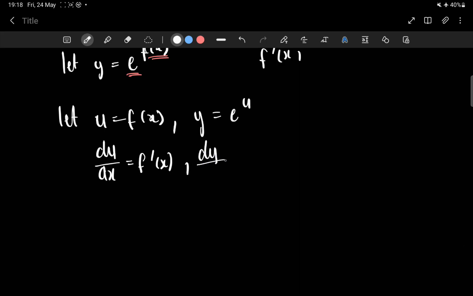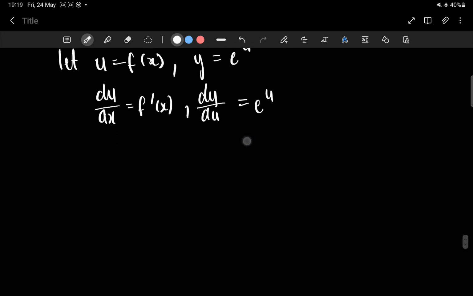If I get dy du, remember y is in terms of u, so I can get the derivative of y with respect to u. The derivative of e to the x is e to the x, which means the derivative of e to the u is e to the u, if you're differentiating with respect to u. dy du is just e to the u, so I know that.